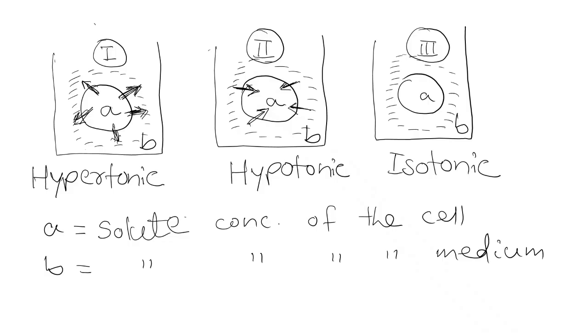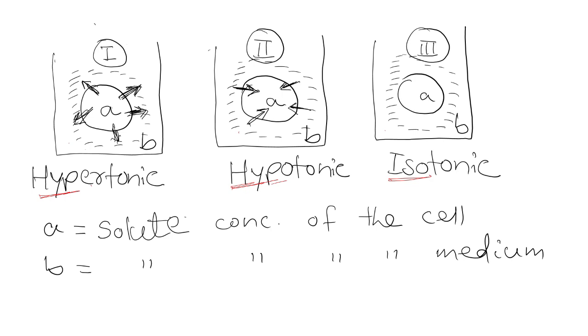So let's understand here. These are three jars, number 1, 2 and 3. The first jar has the medium which is hypertonic. The second jar has the medium which is hypotonic. And the third jar has the medium which is isotonic.